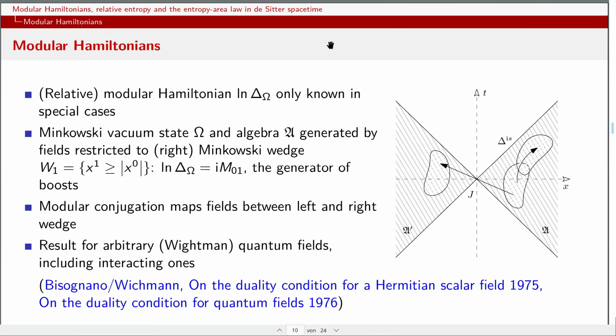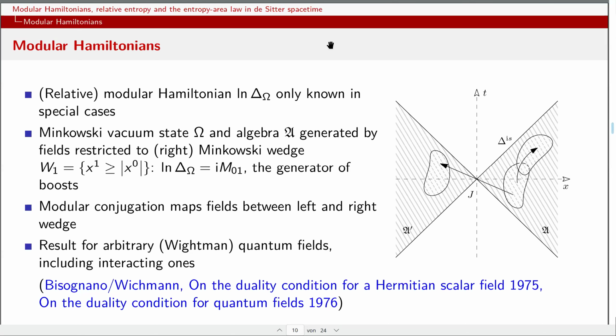No, sorry, no idea. Saying that the Rindler temperature is 2 pi is the same as saying that there's an acceleration. Yeah, sure. You have to choose the Killing vector.